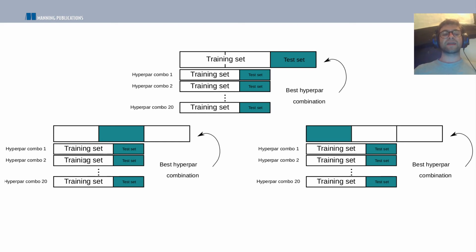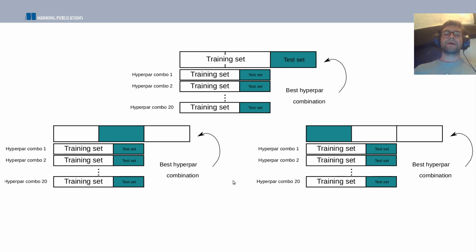Okay, and then again, randomly select hyperparameters, train a model on the training set, evaluate it on the test set, and do that for all 20 iterations, pass the best hyperparameter combination up to the outer set, and then we'll train a model using those hyperparameters using the 2 training set folds and evaluate it on the test set fold. And then we do that again finally, where now this fold is reserved as the outer test set.